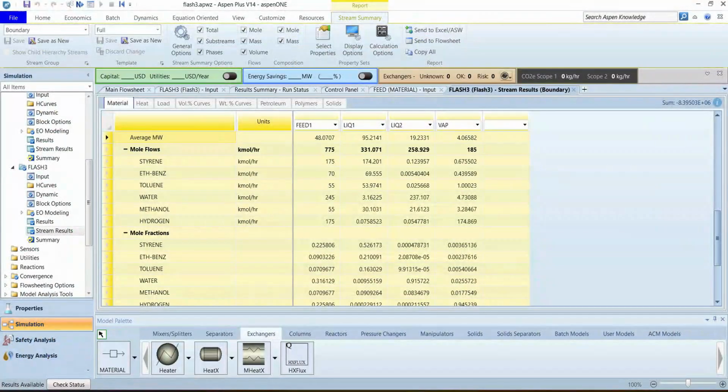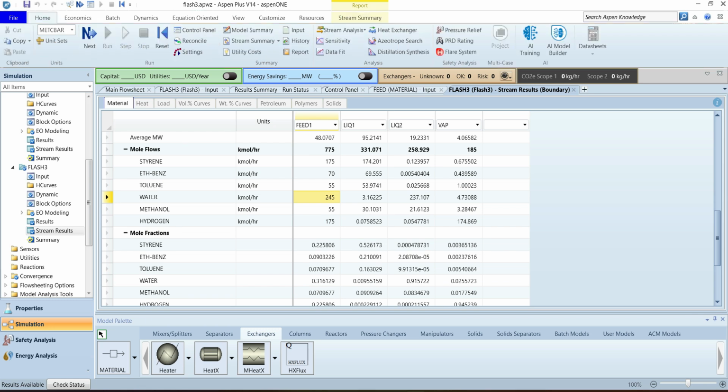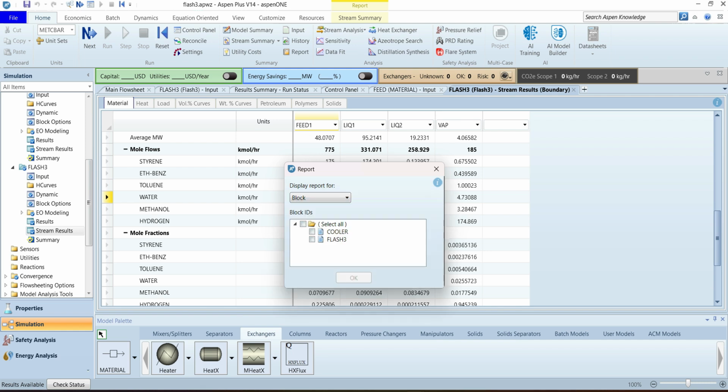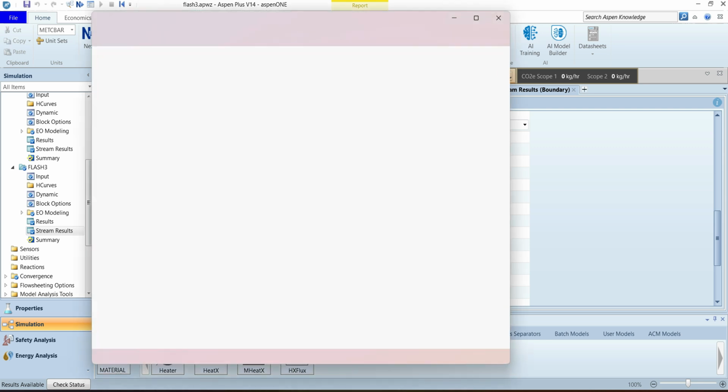Alternatively, if we are not interested in passing these results to the Excel sheet, you can go to the Home tab and get the report of the simulation. In this, let's go to the block, the Flash 3 block.